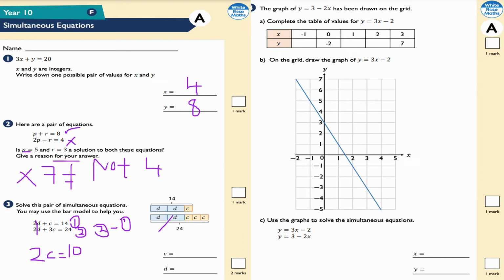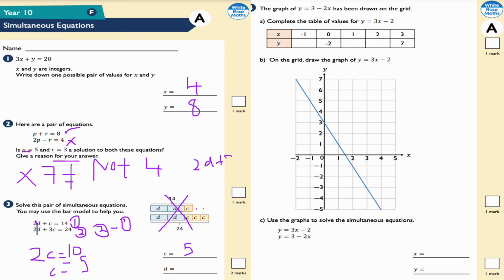So imagine I'm talking about all of this, the remainder of these 2c's. 2c's has to equal 10 because 14 plus 10 is 24, which is the whole bar. Therefore, c is going to equal 5. If c equals 5, then I'm going to sub that into the first equation. I'm going to have 2d plus 5 is equal to 14.